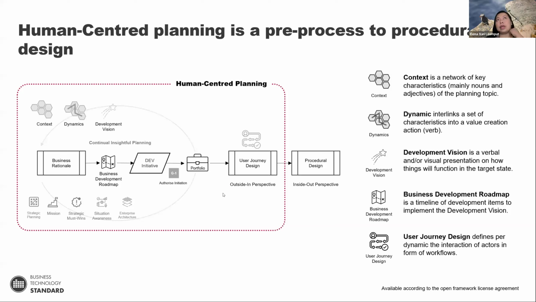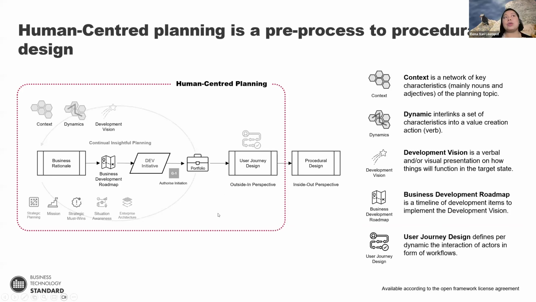We are talking about this kind of pre-process. Like I mentioned before, this business rationale, then you have the business development roadmap, dev initiatives, and so on. Until you get to the user journey, you can use this human-centered planning approach for that. So it precedes the procedural design.